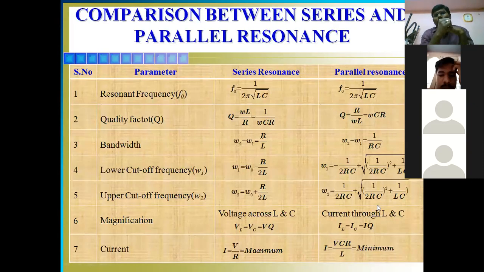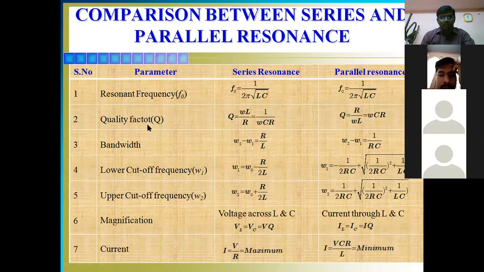If you compare the factors for series and parallel RLC resonant circuits, it is like this. The resonant frequency is the same for both: F naught is 1 by 2 pi root LC and 1 by 2 pi root LC.